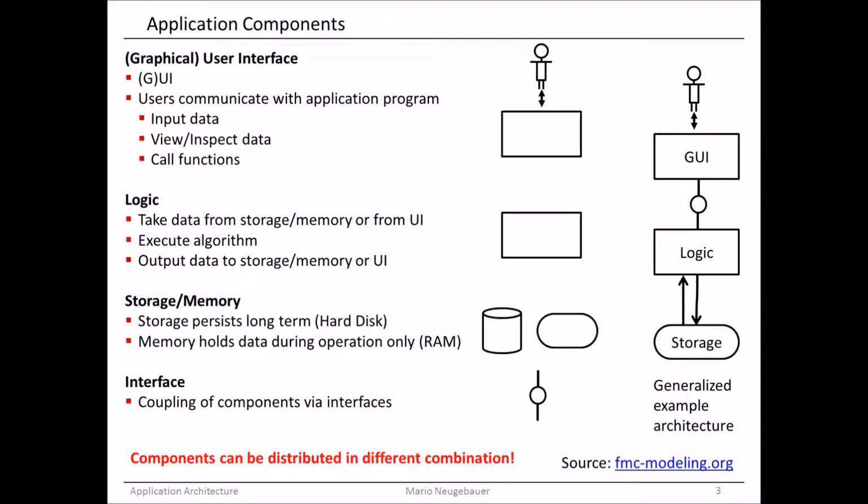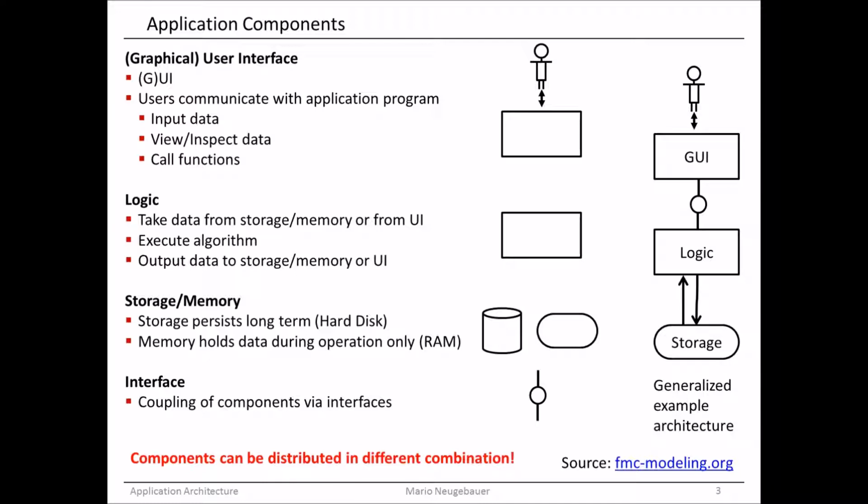So now we have the components: the graphical user interface, the logic, and the storage or the memory. And you somehow need to couple these parts. You usually couple them with interfaces. An interface means that you have some possibilities to connect to each component, but you of course need to talk the same language between these components.